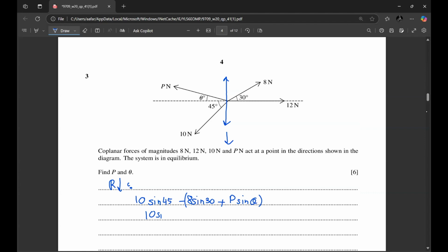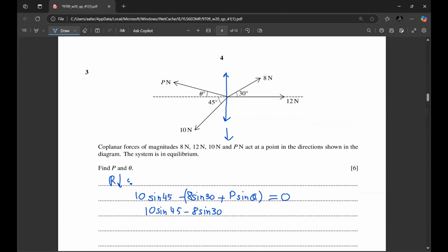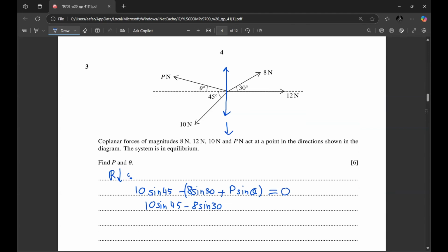So this should be equal to, since it's equilibrium, we can say it's equal to 0 since there is no resulting force. Minus P sine theta.